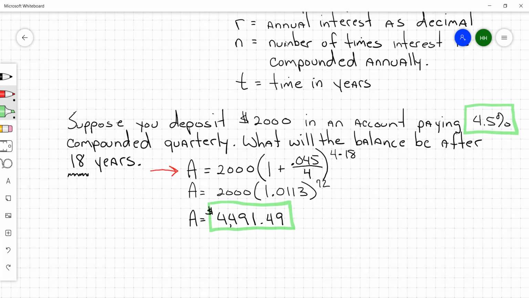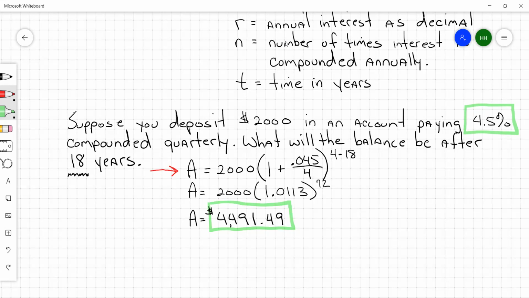Push times, left parenthesis, the 1.0113, right parenthesis, y to the x, 72. You got 4491 now? Okay. So that works.